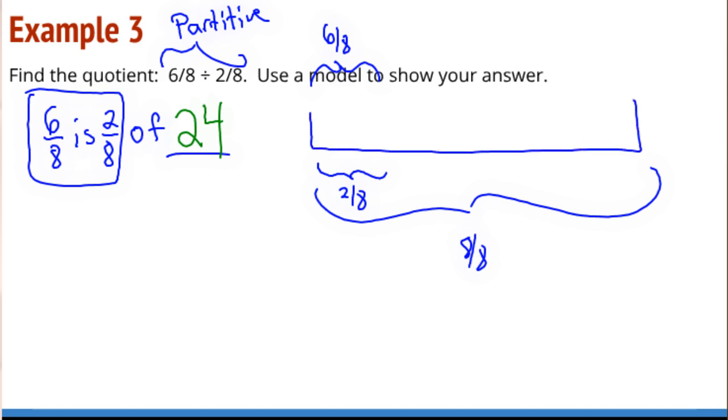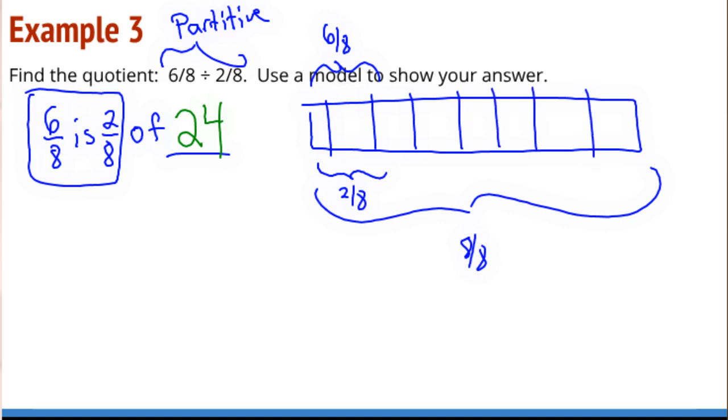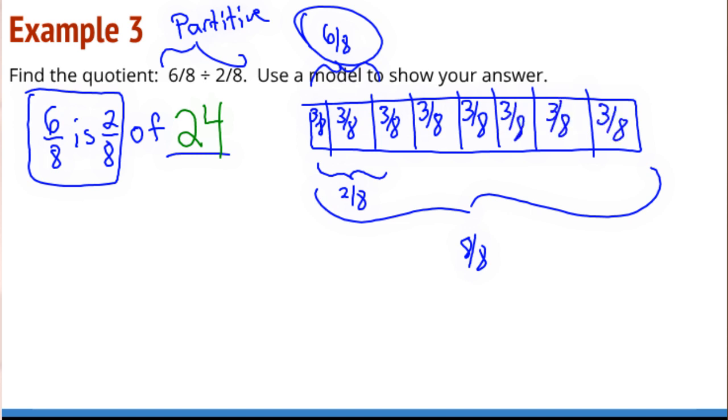Two, three, four, five, six, 7. Each of these is equal to 3/8. They're not equal to 3, they're equal to 3/8 because this isn't a 6, this is a 6/8. I'm glad my brain was turned on today so that I could catch that.